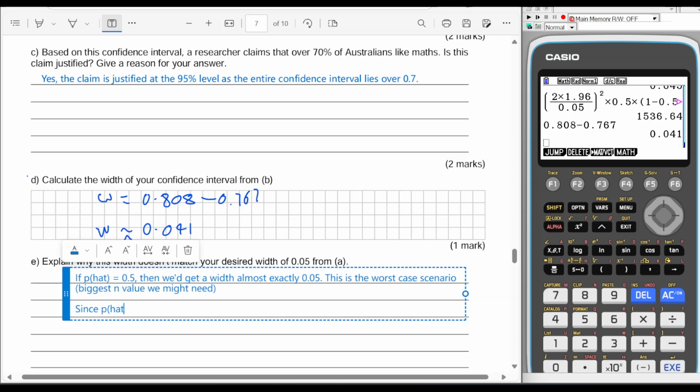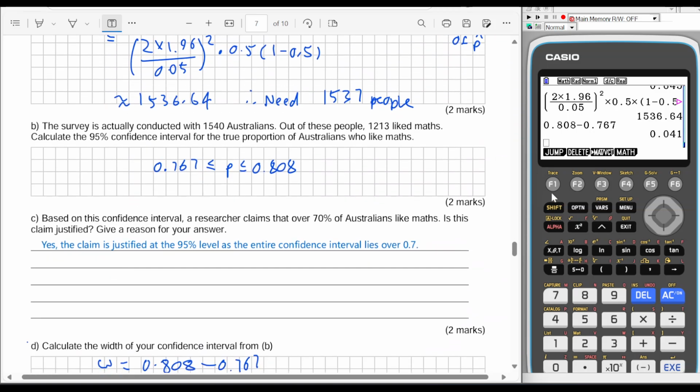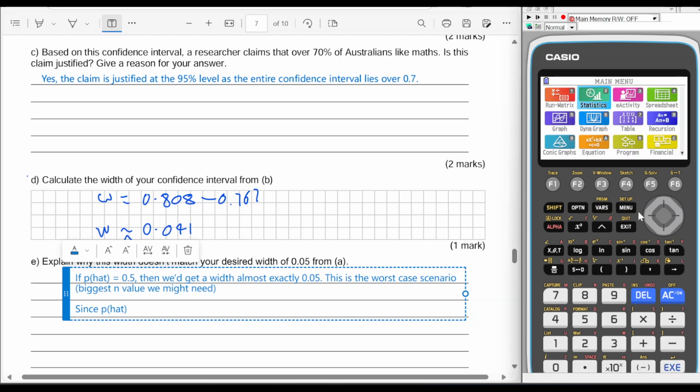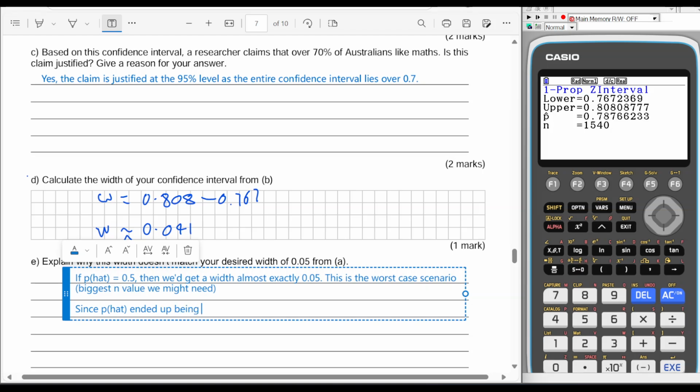Since p hat, did we work out p hat? I don't think we did, but we can just go back to our interval and it tells you what it was anyway. You can do 1213 divided by 1540, but p hat was 0.787. Ended up being 0.788. We didn't actually need that many people to get the desired width.